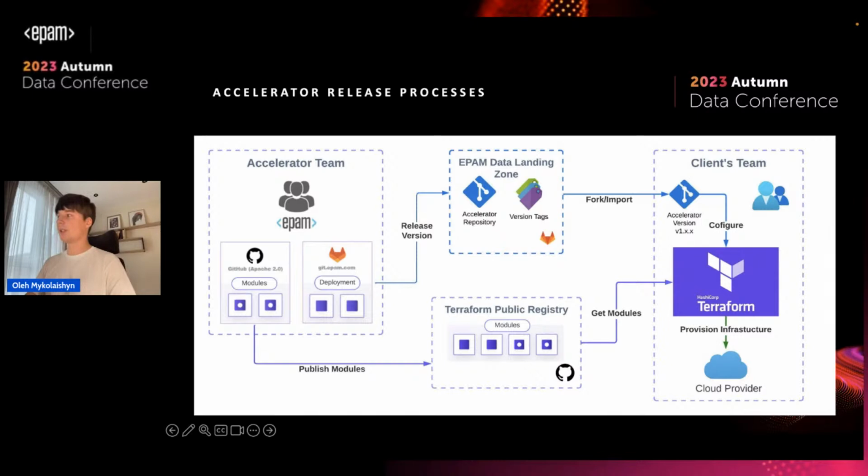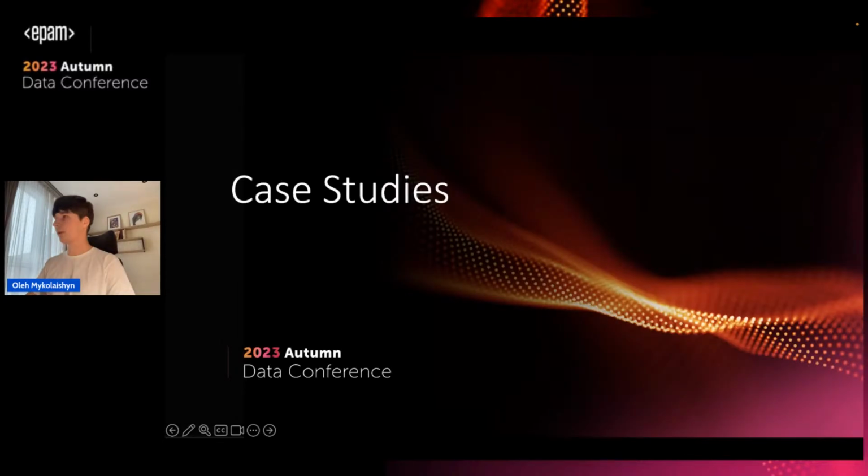Our team is constantly releasing new Accelerator versions, every few sprints, to be exact. Finally, when you have been granted access to an Accelerator version, provision it to your cloud provider and you will feel the difference, and just check out our project.